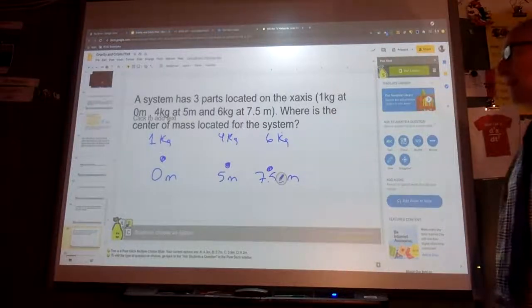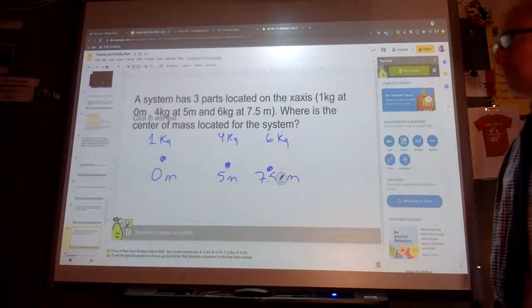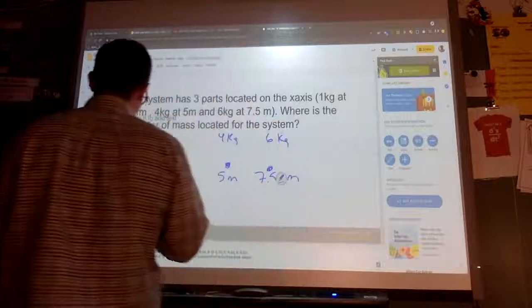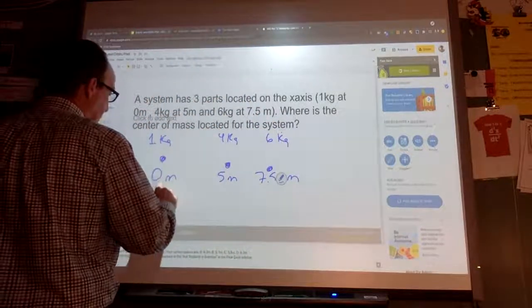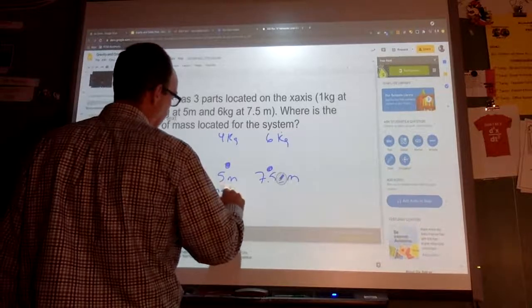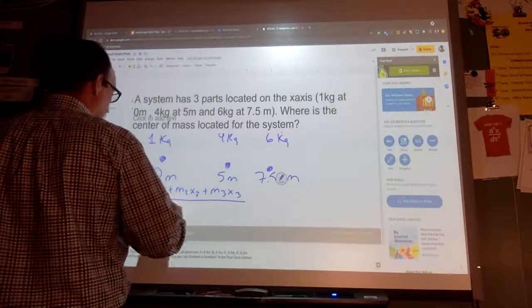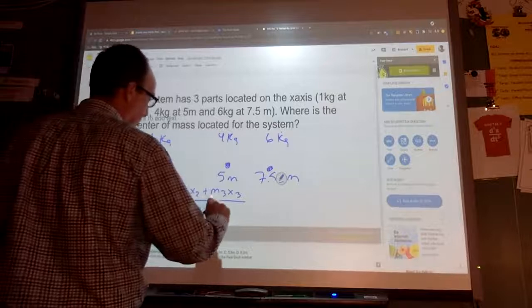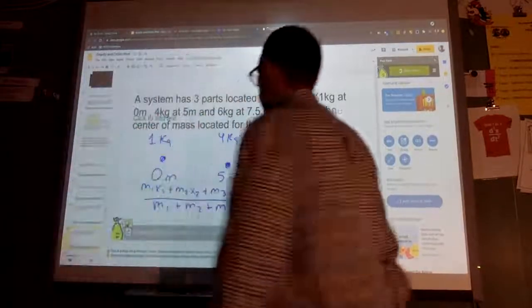Where is the center of mass located for this system? So I'm going to do M1 X1 plus M2 X2 plus M3 X3 over M1 plus M2 plus M3.